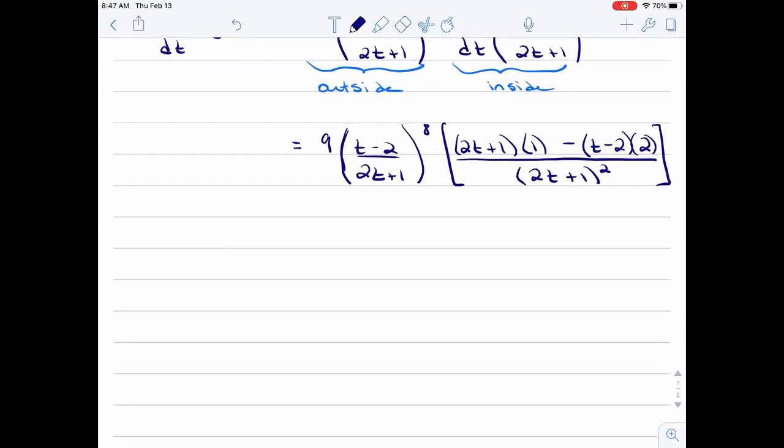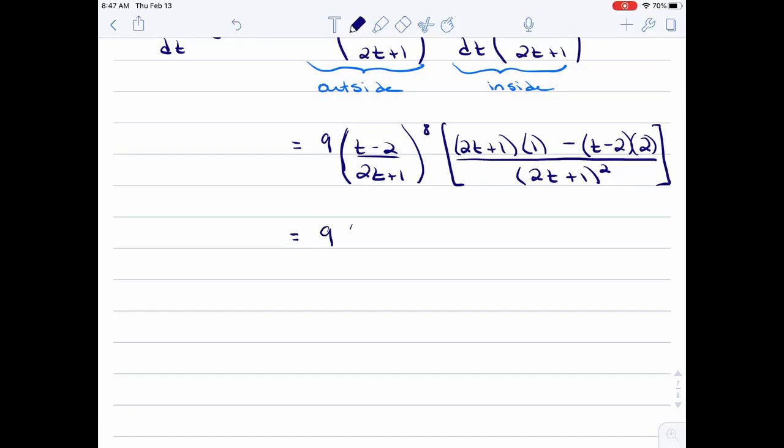Okay, we can simplify this a little bit, right? Only to clean it up. But as soon as you're out of brackets and just kind of multiplying things cleanly, then I would say that you're done.